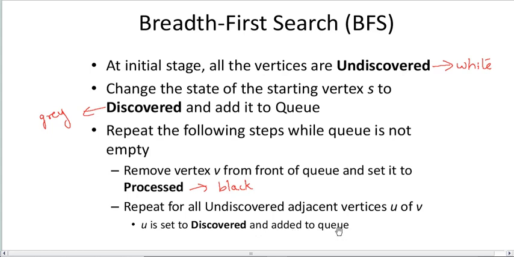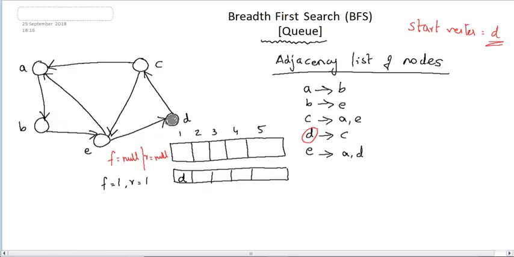So now let us move on to the example. In the example, I have to make D as processed. So I am making D as processed, so it is in black. Now I have to check all its adjacent nodes. The adjacent node of D is nothing but C. So I have to insert this C in the Q. When D is made processed, D is removed from the queue.